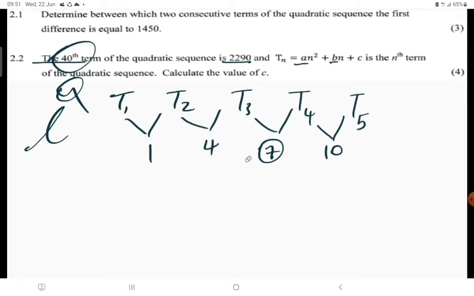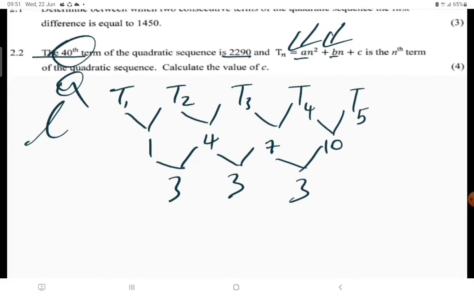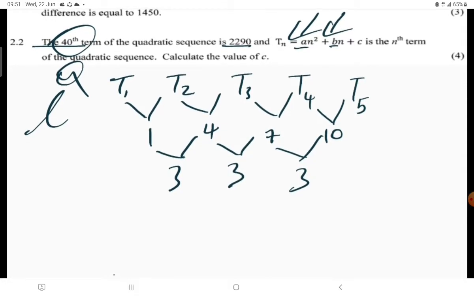We can even continue finding the second difference, and the second difference is going to help us find the value of A, the value of B, and probably the value of C. Now we have 4 minus 1, which is 3, 7 minus 4, which is 3, then 10 minus 7 is equal to 3. So we can find our A that way.